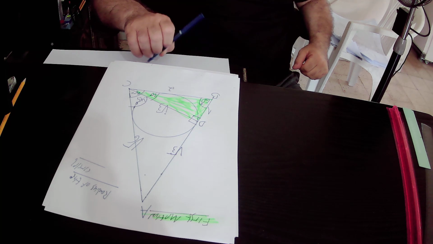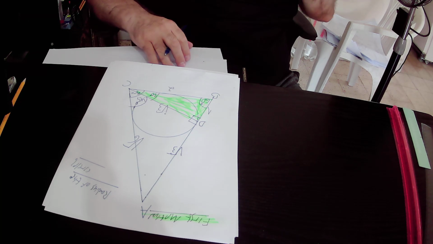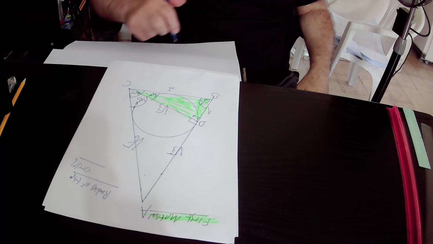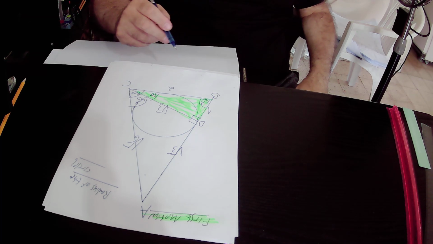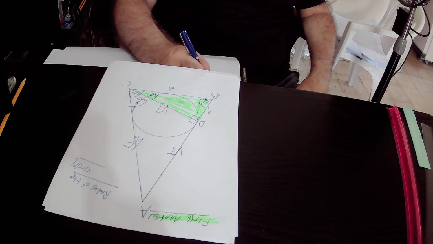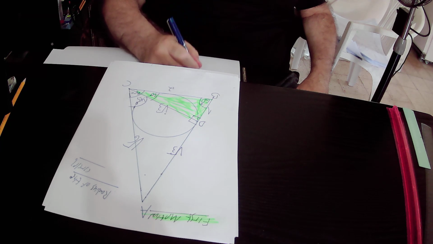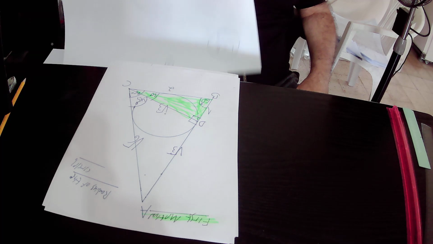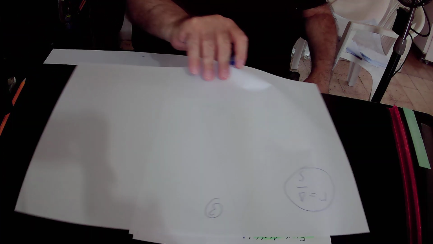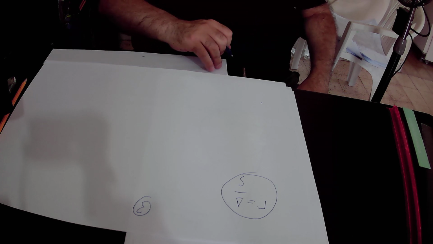So according to the new formula, the radius of this circle that we will define as R is equal to the area of triangle ABC over the semi-perimeter of triangle ABC. So we use this formula in order to find out the radius of our circle.